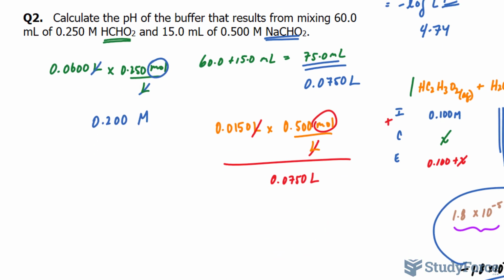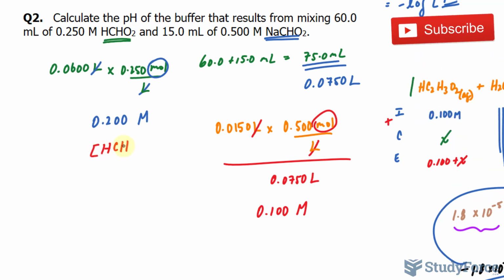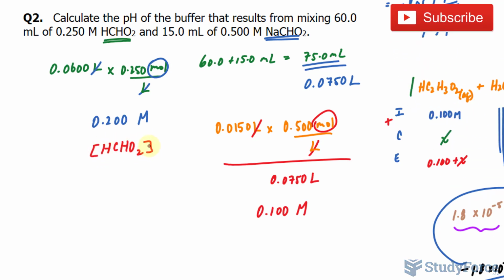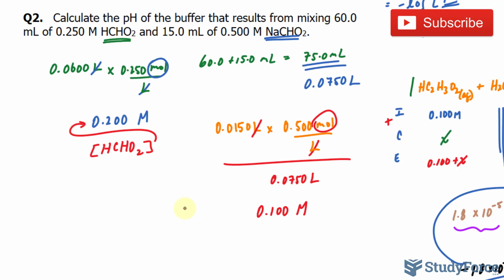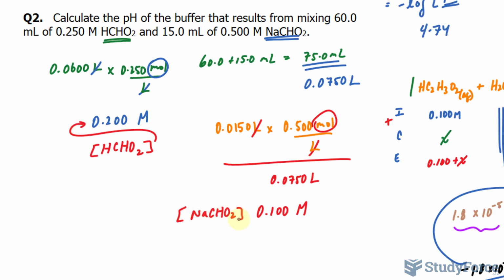If you plug this all into your calculator correctly, you should end up with 0.100 molar. Just to be clear, this is the new concentration of this solution. That's the concentration, and the new concentration of NaCHO2.